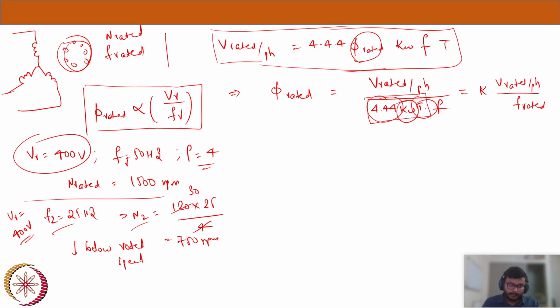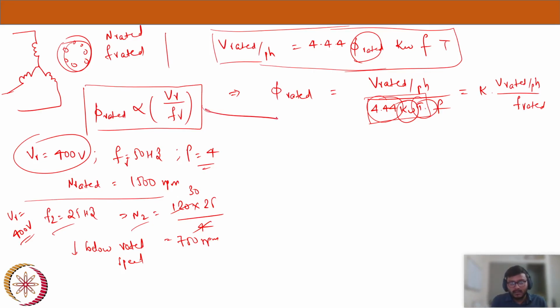The biggest problem we are overlooking here is that I can't just keep on reducing the frequency. If we keep voltage fixed and keep reducing the frequency for speed control, then the rated flux will just go up and up.